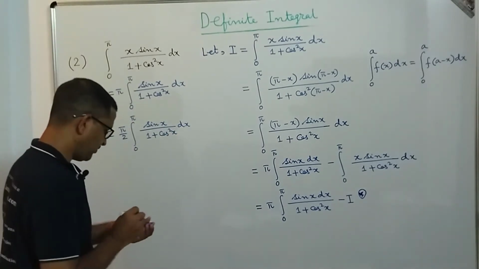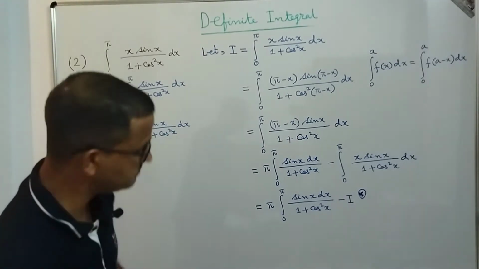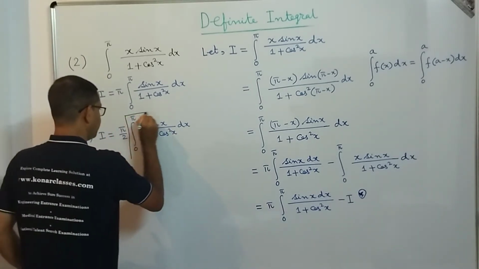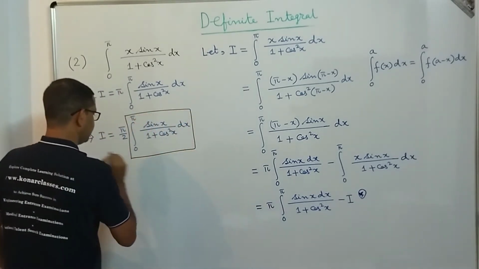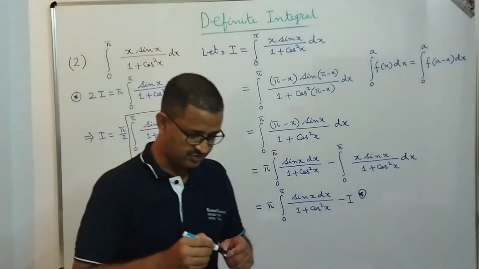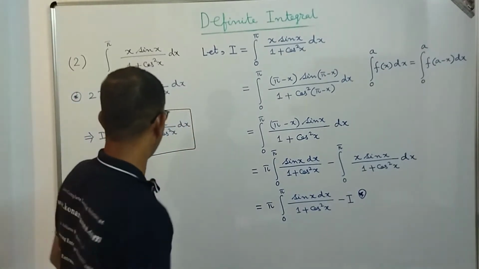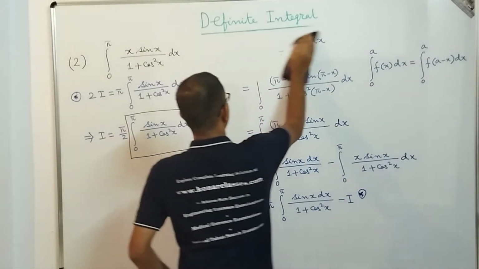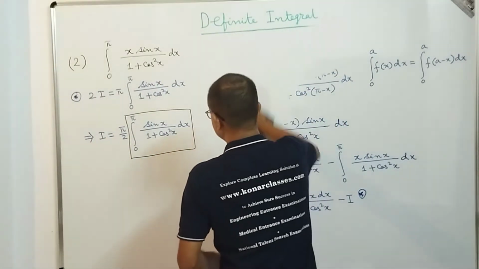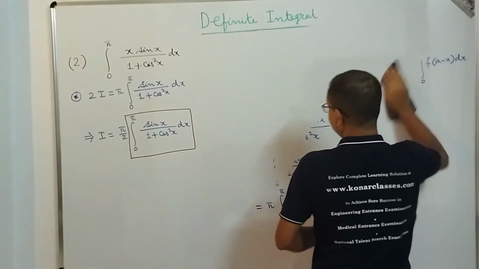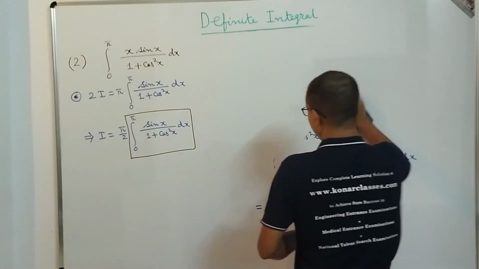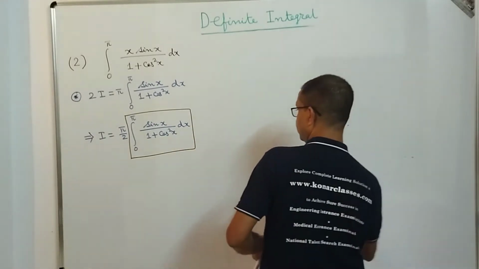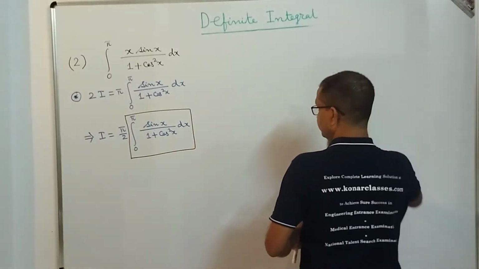So now we need to concentrate on solving this particular definite integration, 0 to pi sin x by 1 plus cos square x dx. How to solve that one? That is quite straightforward. If you remember from your experience in indefinite integration, we can take cos x equal to t.